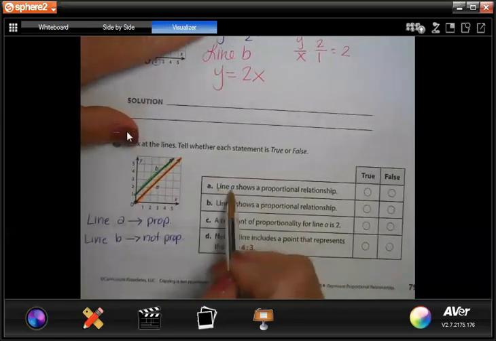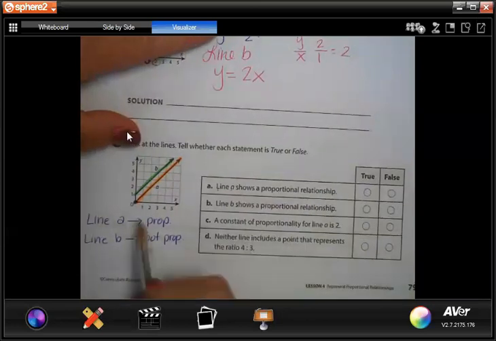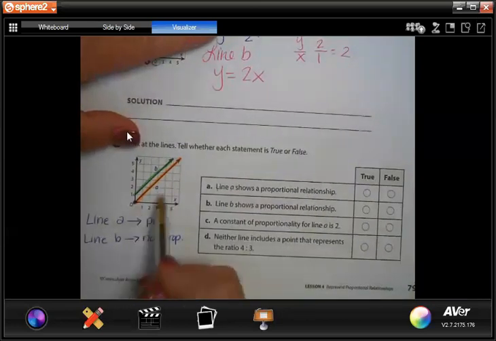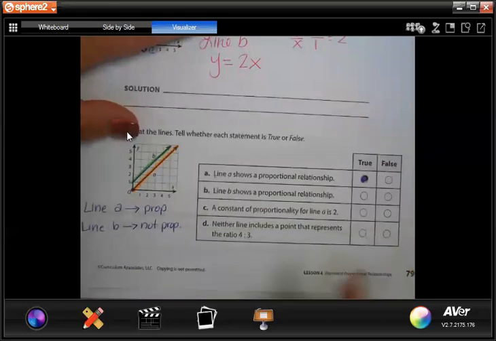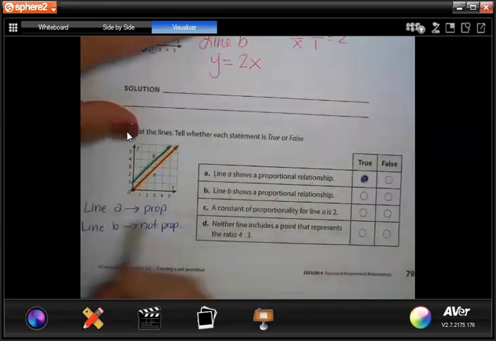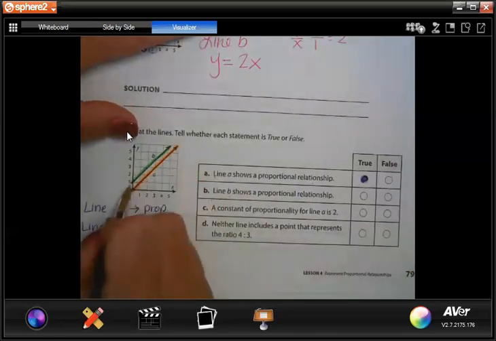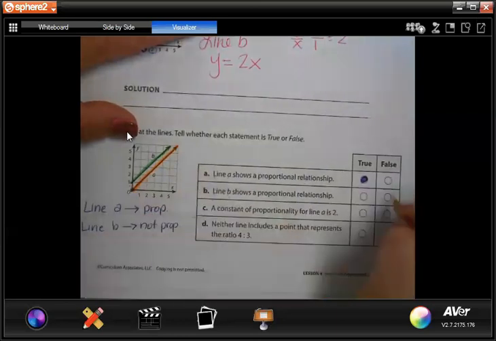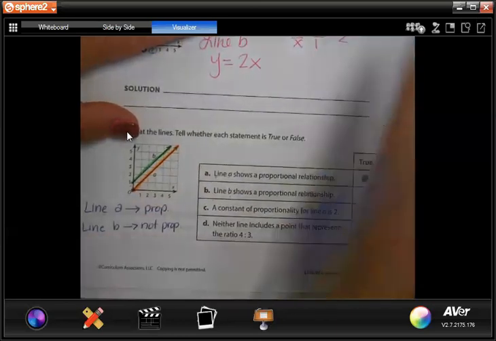Line A shows a proportional relationship. Yep, we just discussed that because it goes through 0, 0 and it's a straight line. So that is true. B. Line B shows a proportional relationship. Well, we already discussed that. It's not proportional because it crosses the y-axis at 1. So that is not proportional.